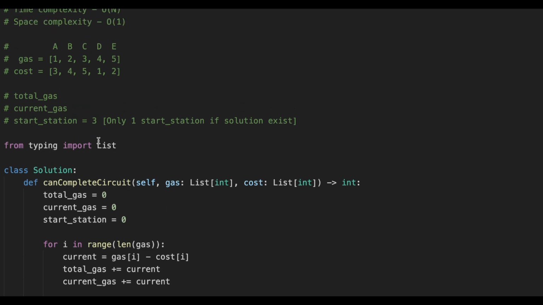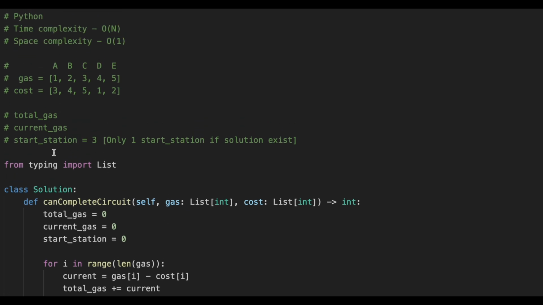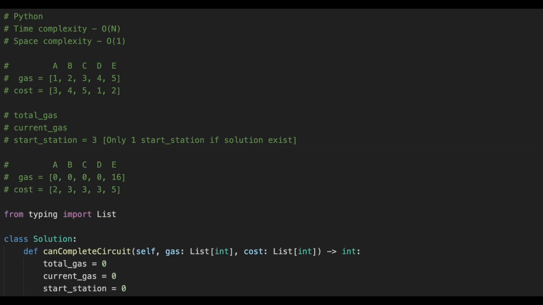So why does the solution work? Let's take one more example. Again we have A, B, C, D, E, and in the last gas station we have 16, and at all other gas stations we have 0, so we cannot take any gas from them.